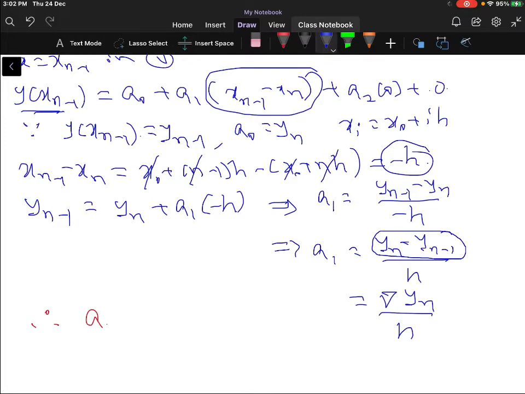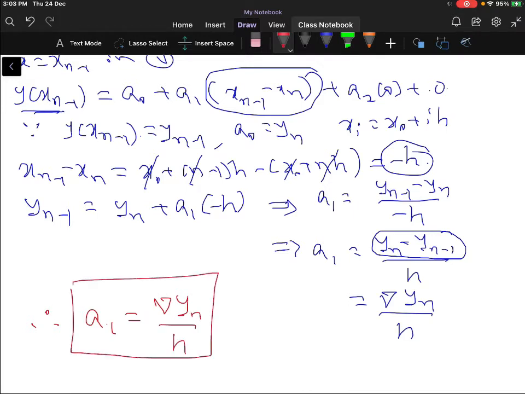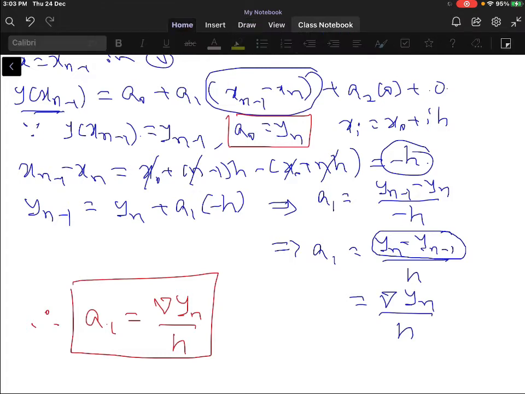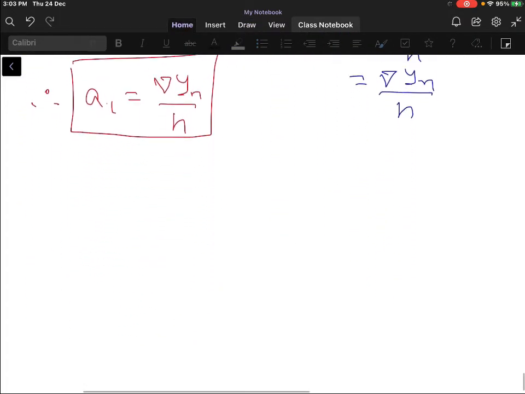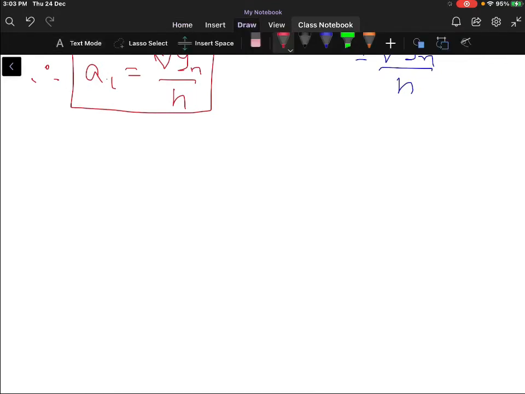Therefore a1 is equal to nabla yn divided by h, where a naught is equal to yn and a1 is equal to nabla yn by h. So next we take x equal to xn minus 2.